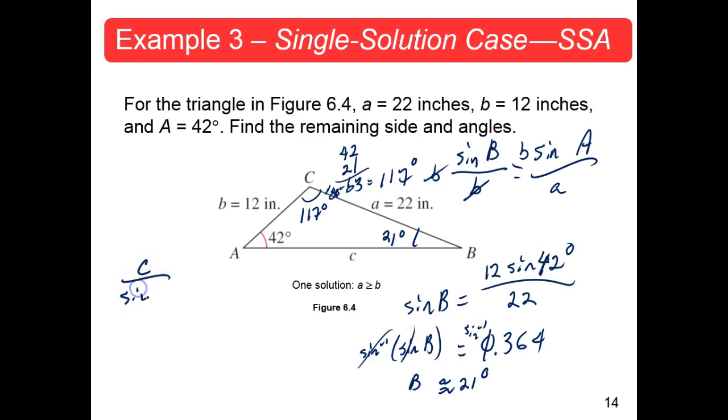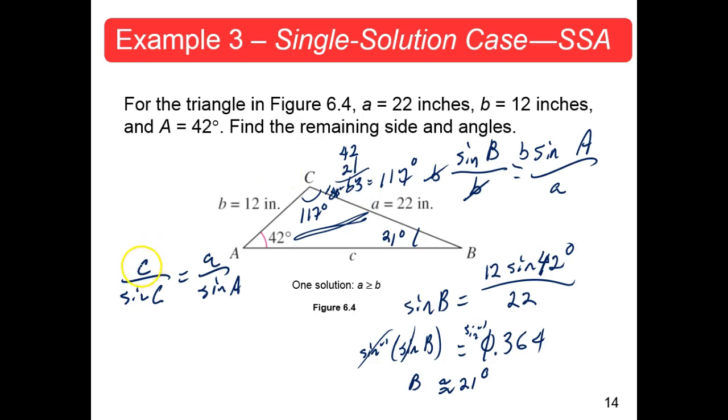Oh, small c over sine capital C is equal to small a over sine capital A. Law of sines, very good. And notice that she used the ratio you know. Always use the ratio you know, not the one you calculated, the one you know.